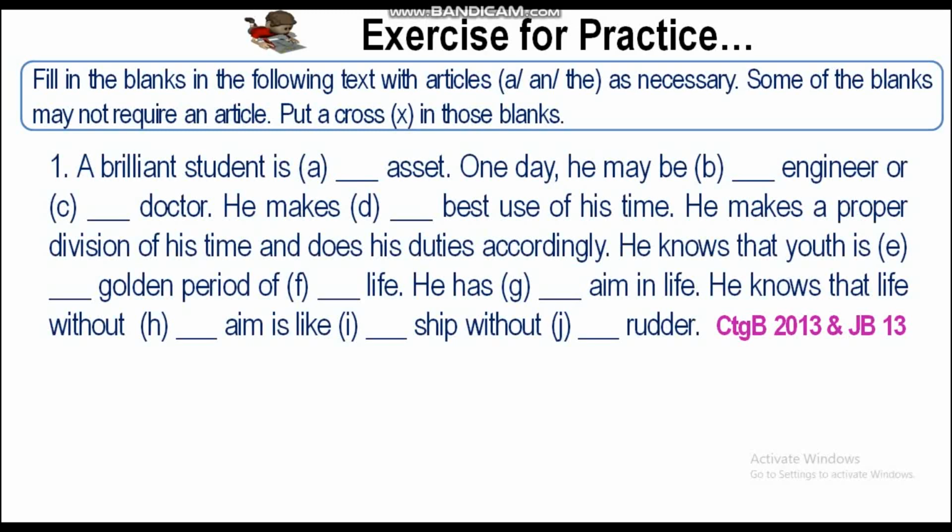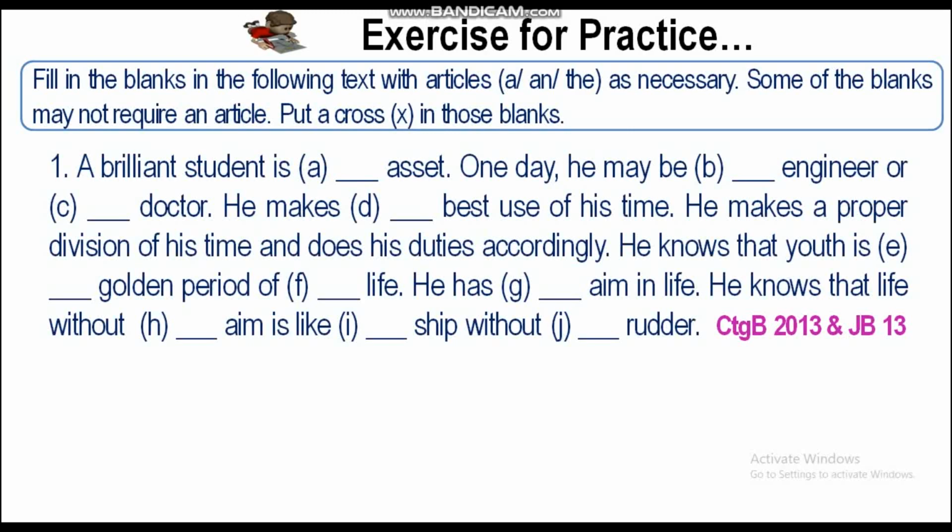He knows that youth is dash golden period of dash life. He has dash aim in life. He knows that life without dash aim is like dash ship without dash rudder.